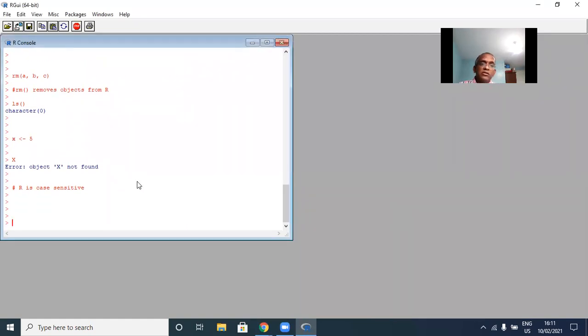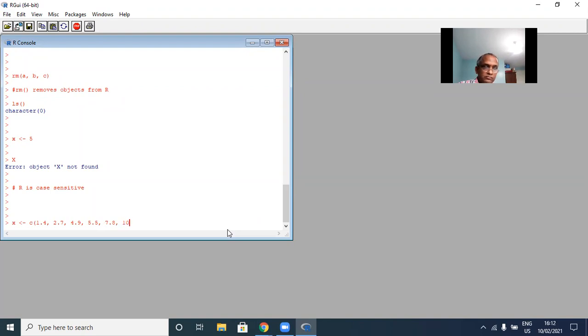All right, the next thing I'm going to talk about is how to create vectors in R, right? Okay, suppose you want to create a vector x. Now, what you need to do is you need to use these two things. There's a c, a small c, followed by open brackets, and then you type the numbers that you want in the vector. Suppose you want the following numbers in the vector, right?